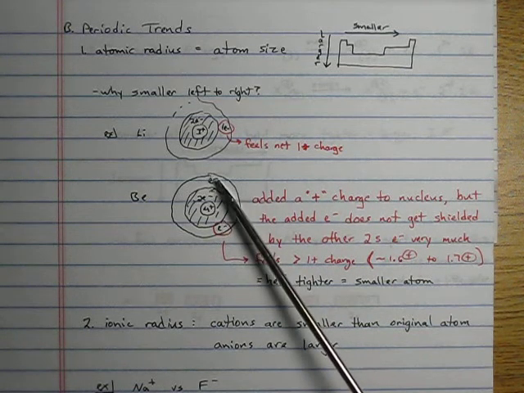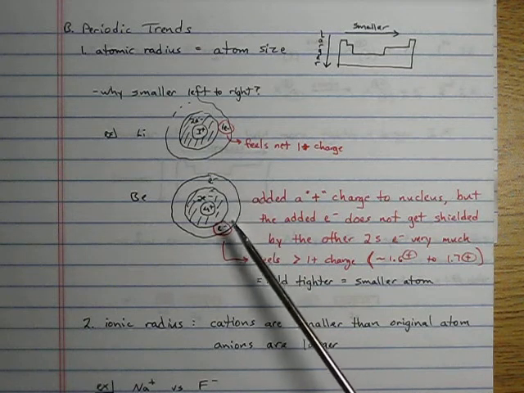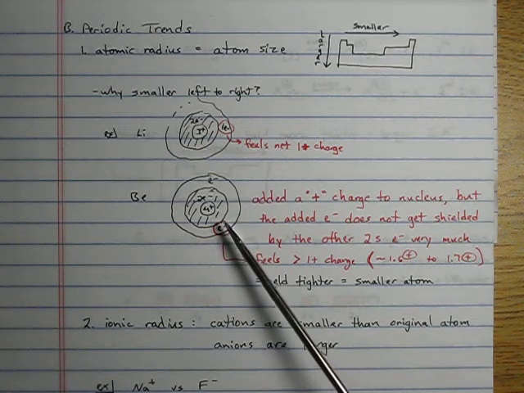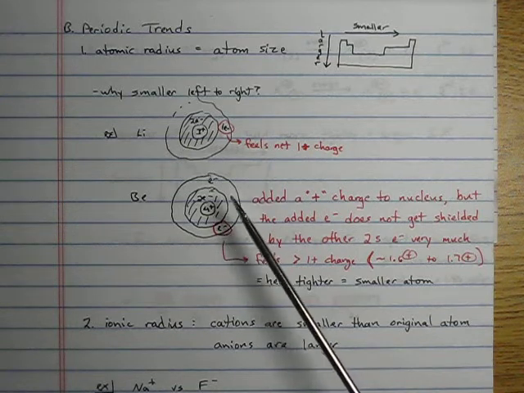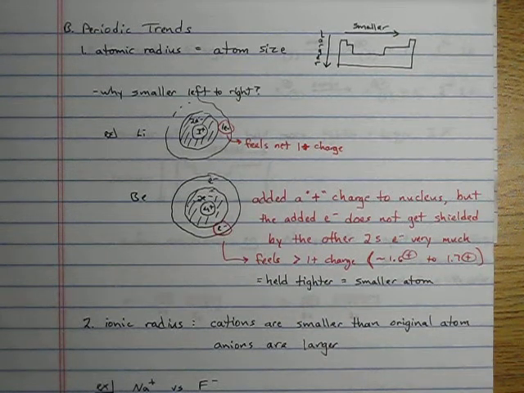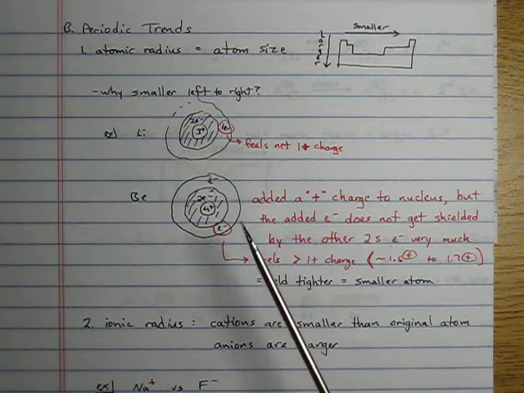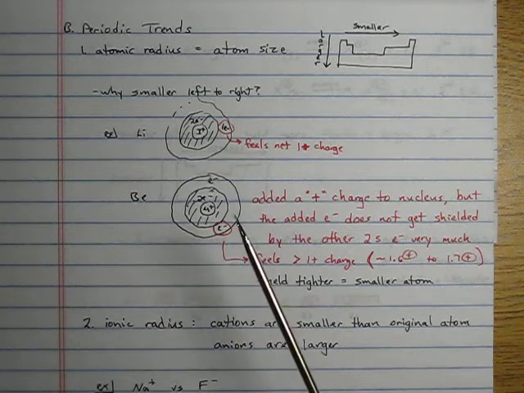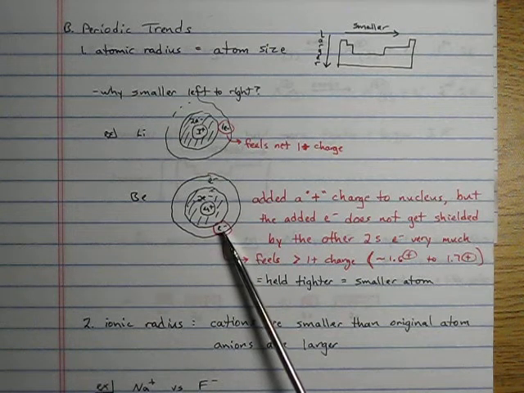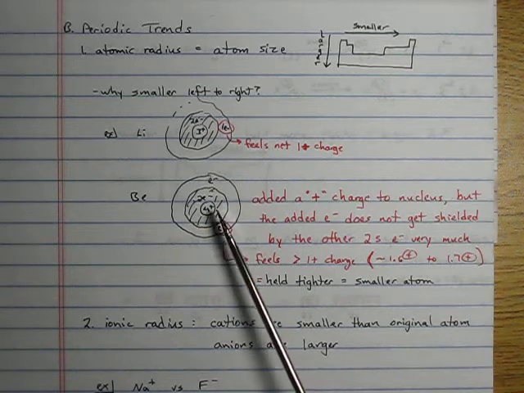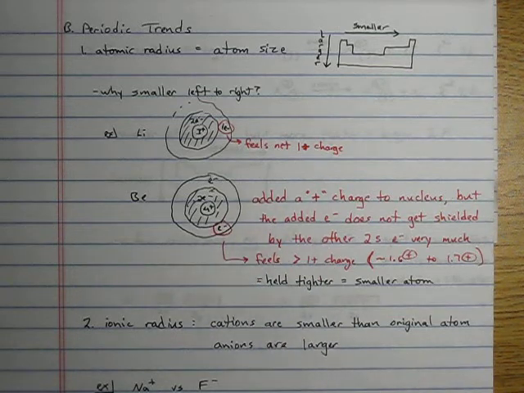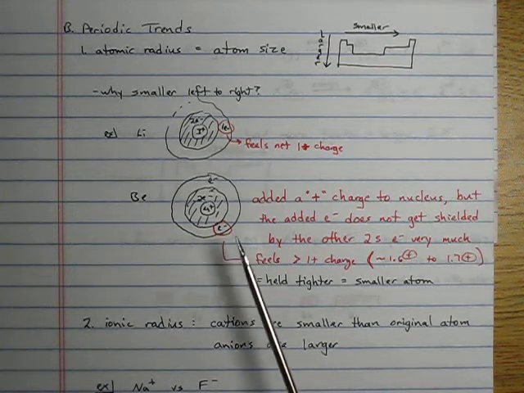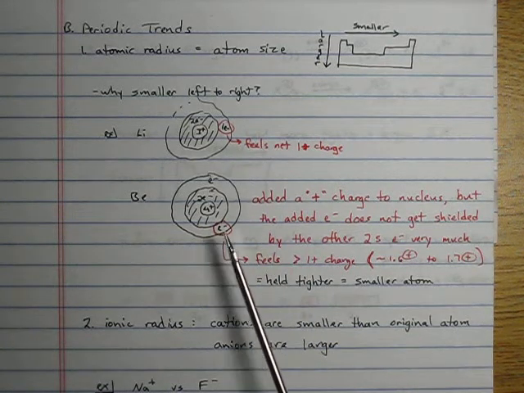This electron up here is not doing a very good job of shielding a positive charge from this electron here. They're in the same 2s orbital, in the same quantum shell, n equals 2. So we've added a full positive charge to the nucleus, but our extra electron that we added is not adding a full negative shielding to that nucleus, which means this electron feels greater than 1 positive charge.